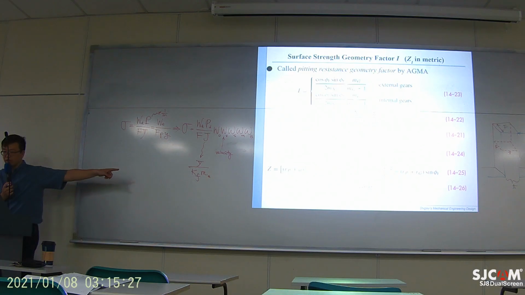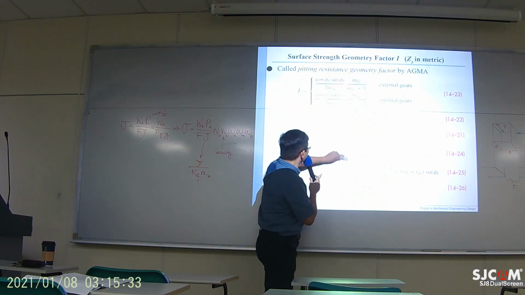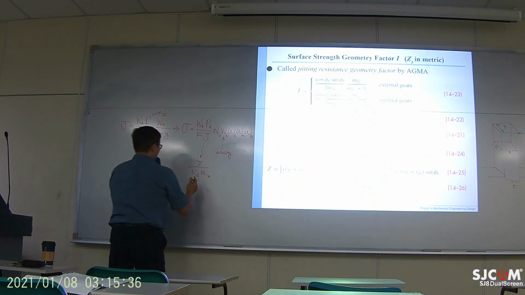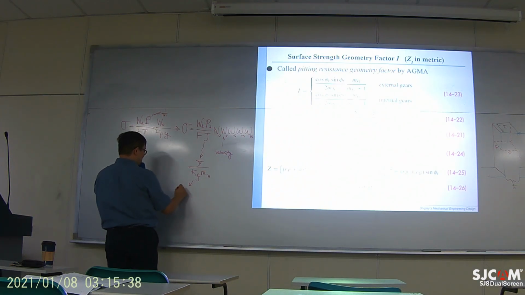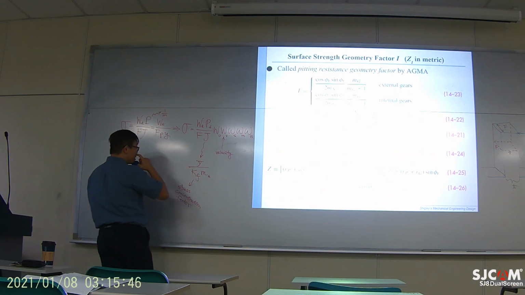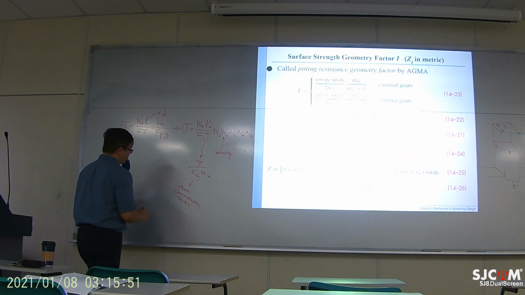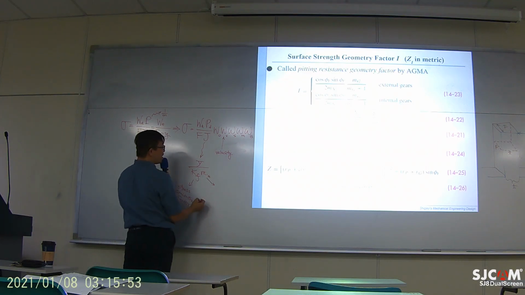Z is the equation at the bottom. So Pn is right here. So this is stress concentration, right? Stress concentration factor. Okay, Y we already know is a root factor.